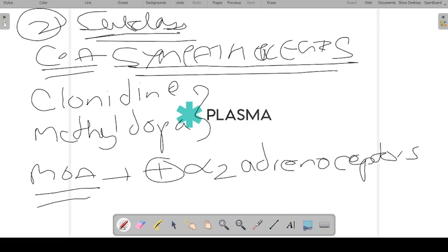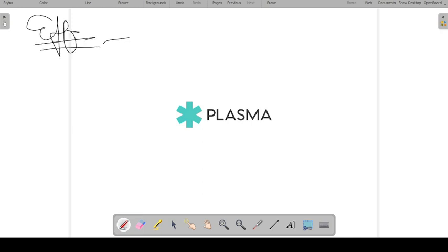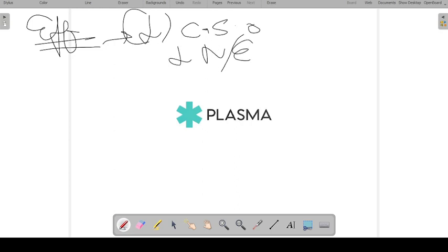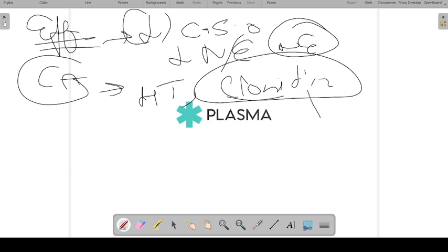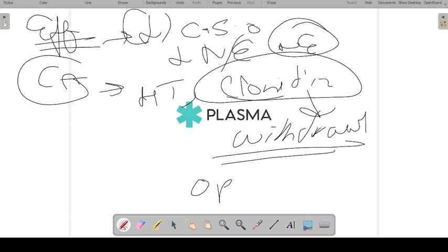The effect is that they reduce central sympathetic outflow and reduce norepinephrine release from noradrenergic nerve endings. And the clinical application is hypertension. Clonidine is also used in withdrawal from drug abuse, especially opioids.